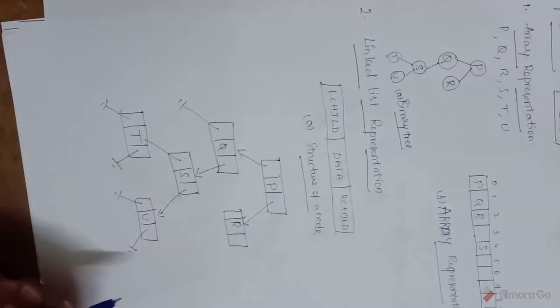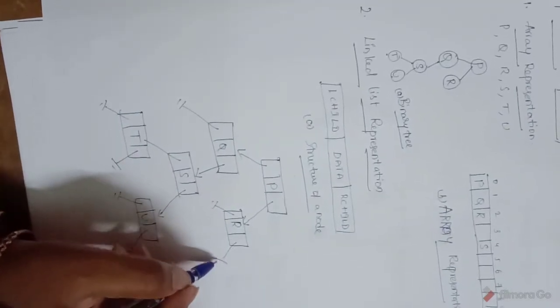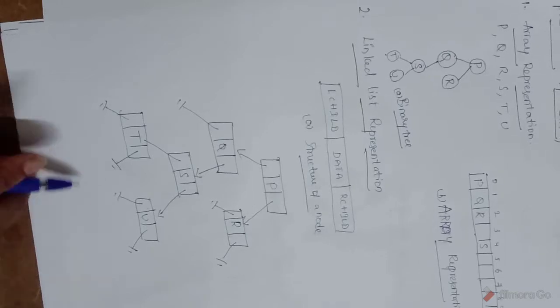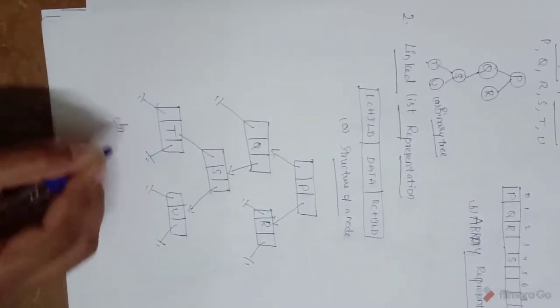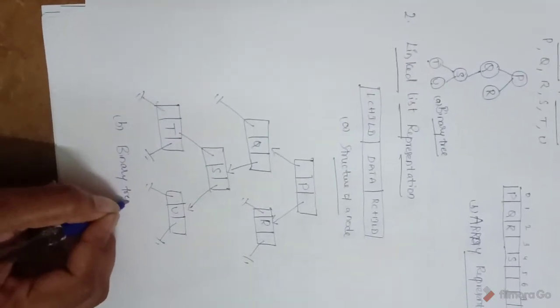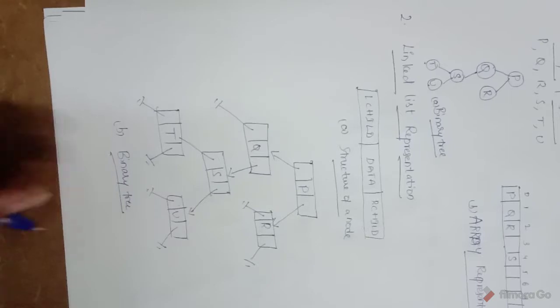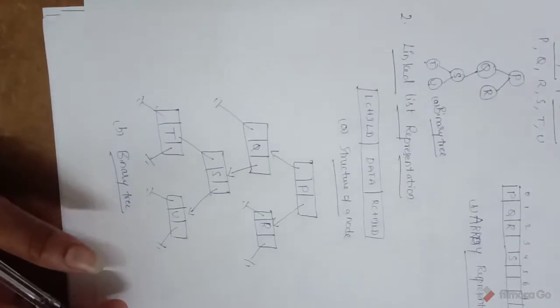We are ending with this. This represents the ending of a node. Likewise, linked list representation of the binary tree can be constructed. This is the binary tree with linked list representation. In this way we can represent the binary tree in linked list representation.